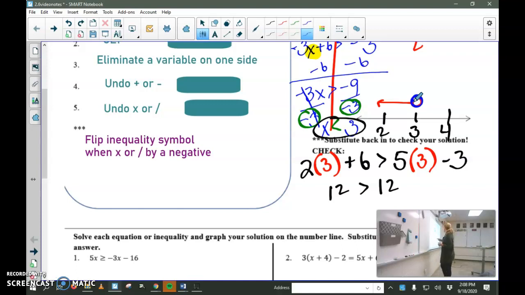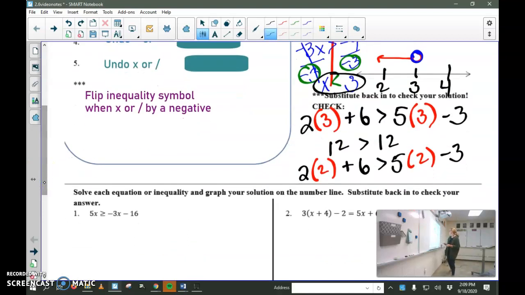However, any number less than 3 would be part of this solution. So for example, if I were to put 2 back into this equation, just like I did with that number 3, and I evaluated that, let's see, 2 times 2 is 4 plus 6 is 10. 5 times 2 is 10 minus 3 is 7.